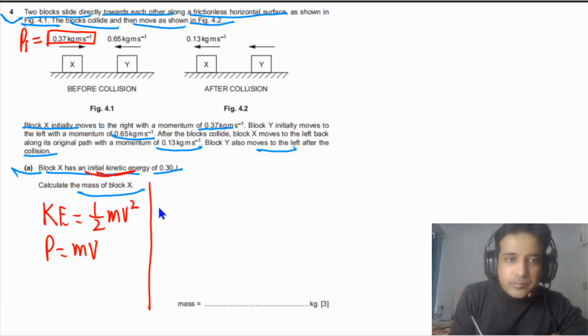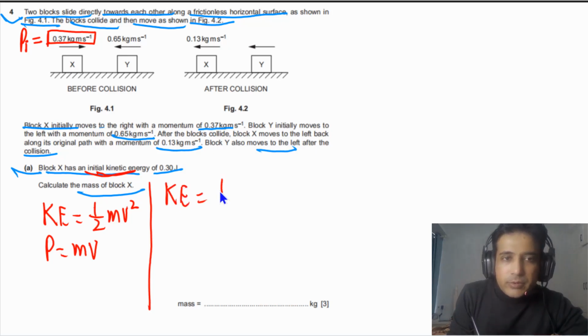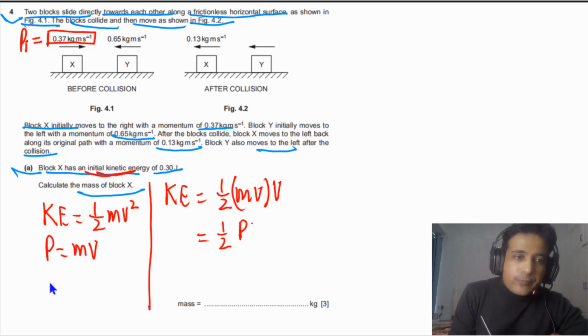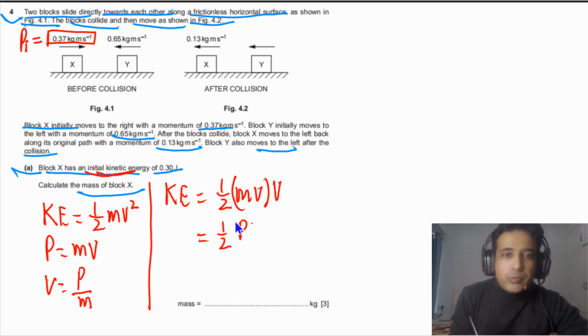So if we take the kinetic energy formula, we can say this is 1/2 mv, and we can multiply this one with v. So we get 1/2 mv times v, where mv is equal to momentum p.